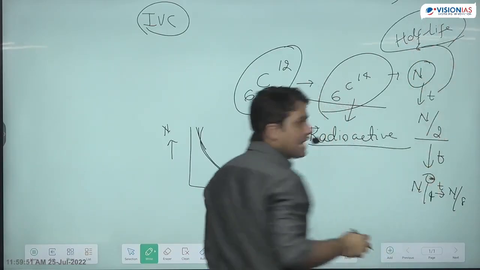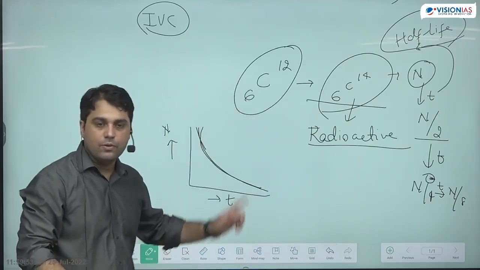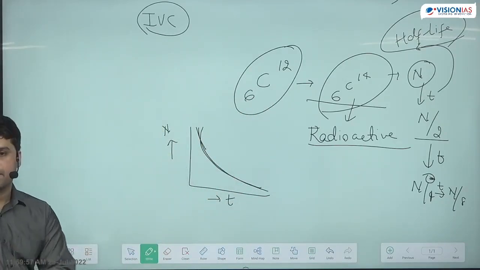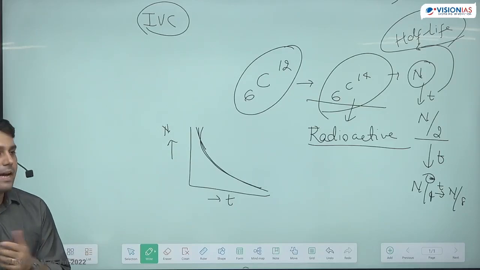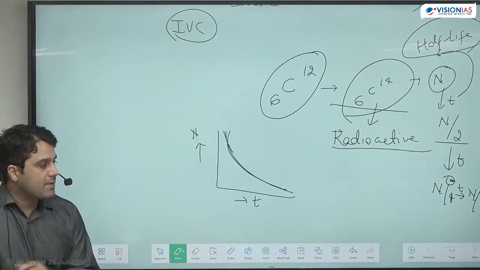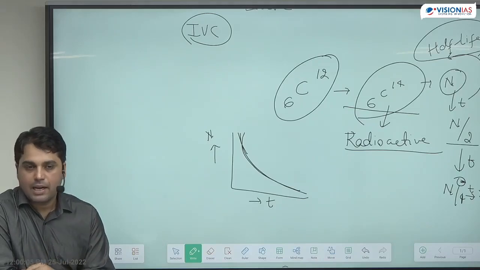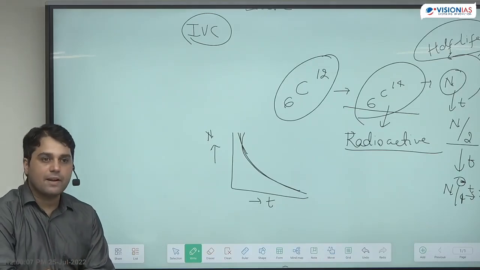Any type of radioactivity will follow the same type of disintegration but with a different half-life. For example, we can have radioactive materials whose half-life is in seconds or milliseconds, and we can have radioisotopes whose half-life is thousands of years.